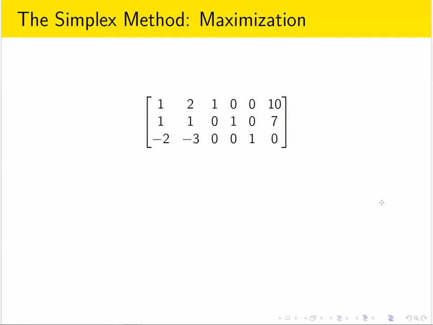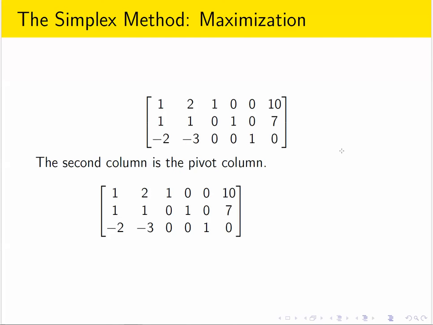The first thing we need to do from our simplex tableau is identify a pivot. So we look for the column that has the largest negative entry in the bottom row. In this case, that's the second column. And then we look at test ratios, which are obtained by taking entries in the last column and dividing them by the entries in the pivot column, although we never bother doing that with the bottom row, only with the rows that came from constraint inequalities.